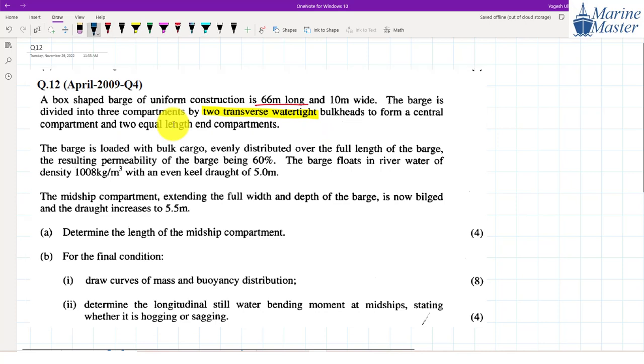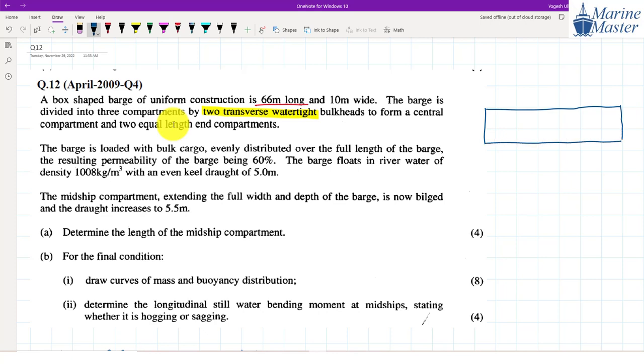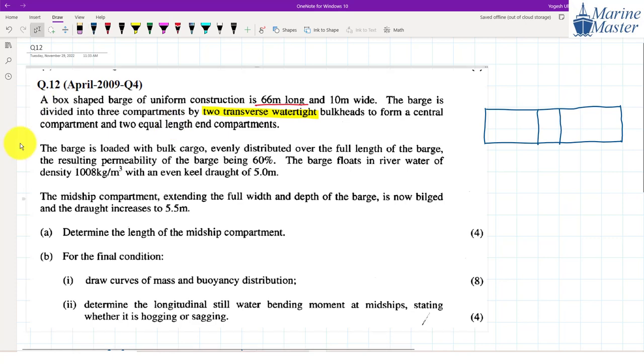Guys, see the wordings. Just imagine that this is our longitudinal view of the barge. So here we will have the central compartment and equal length end compartments. What they are saying? 2 equal length end compartments. Getting my point? Try to understand the scenario here.